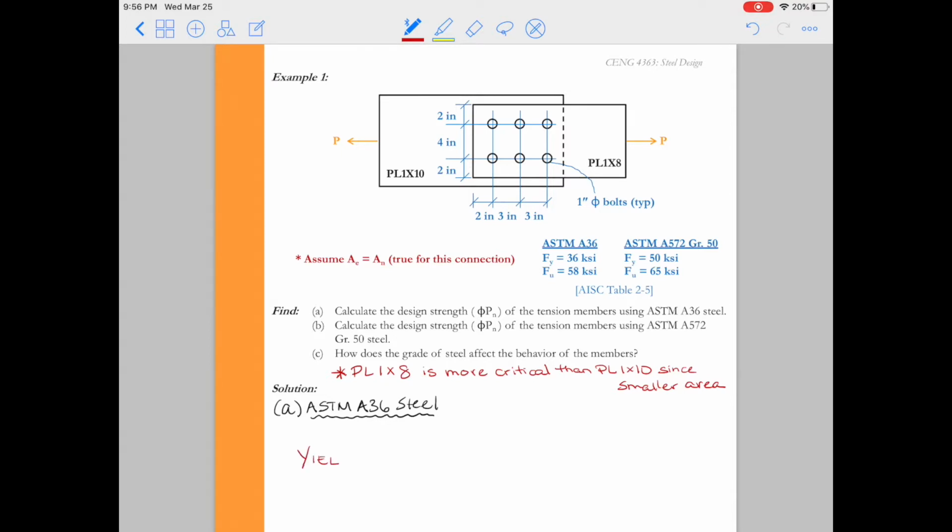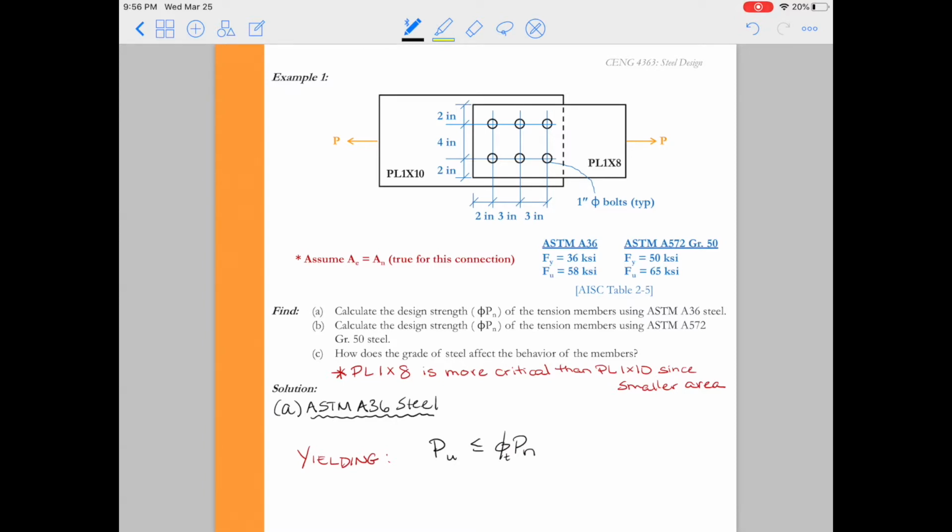All right, so let's come up with a value for the yielding. Now for the design strength, right, we're looking for a force that we can apply to the connection. So we'll write our general equation. P sub u has to be less than or equal to phi Pn. This is our general design equation.